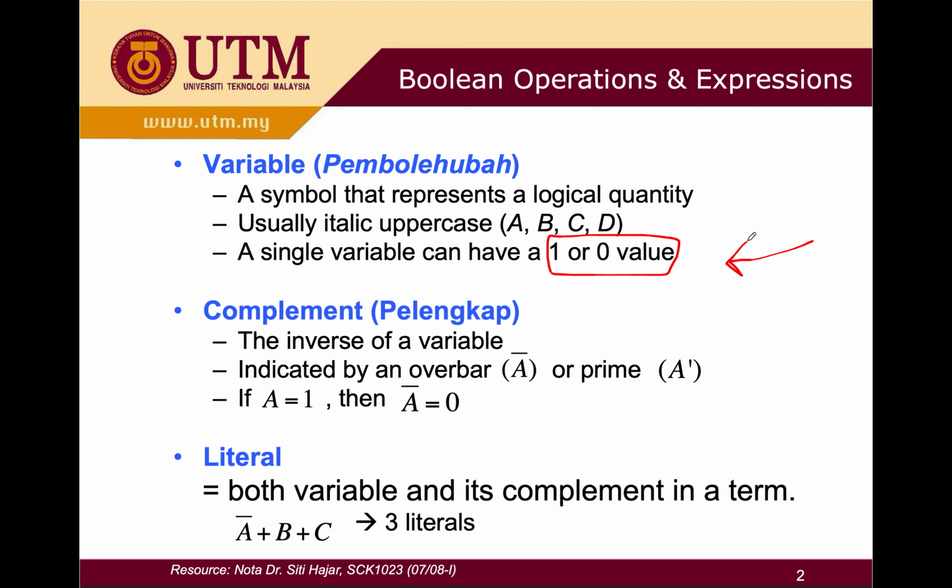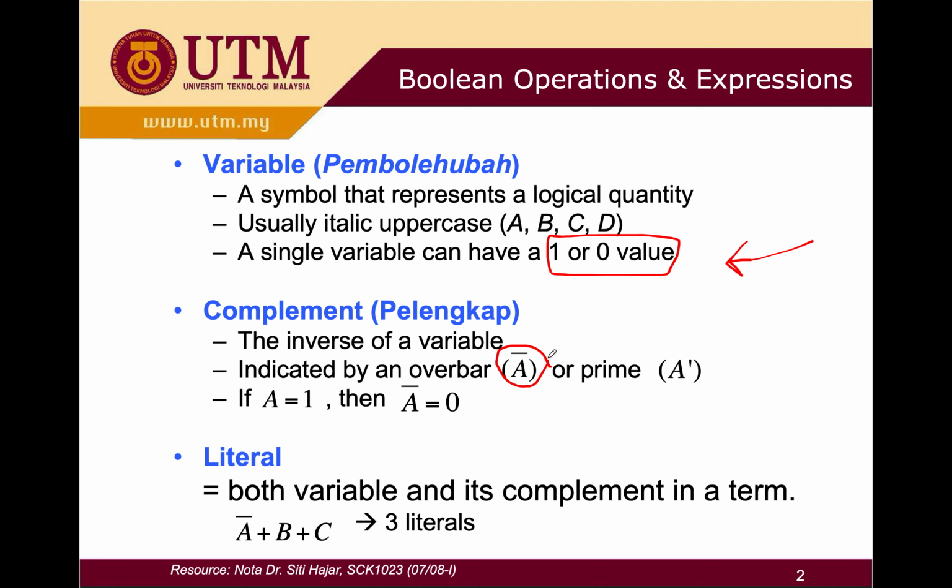And then the complement, which is pelengkap. You know that complement is like the inverse of your variable. So it is indicated by a bar on top of your variable.